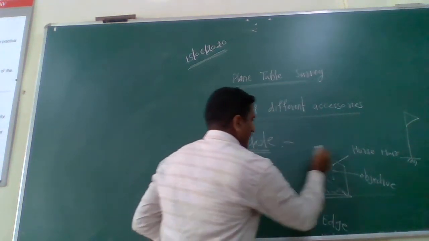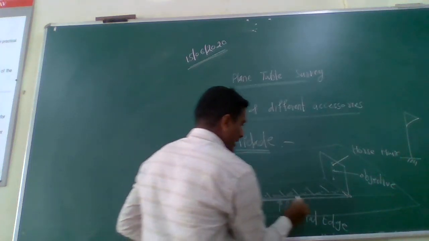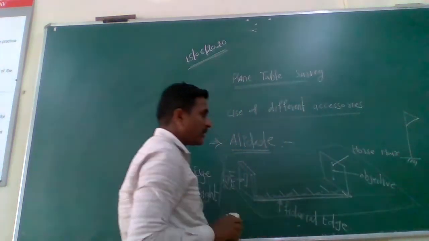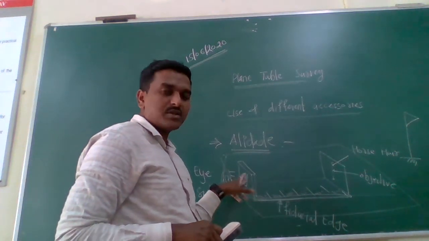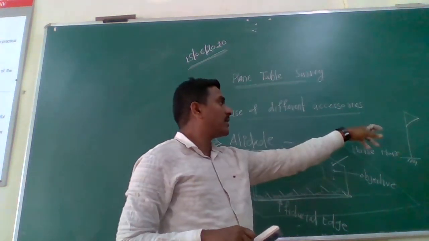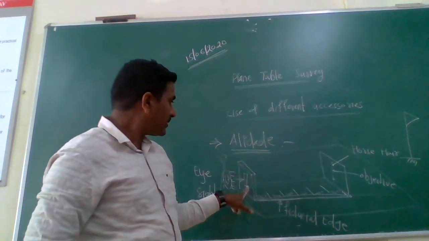So this is the paper. Observer has to draw a line which will be parallel to the line existing on the ground from this plane table station to the ranging rod station. Okay, so that is the use of the alidade.